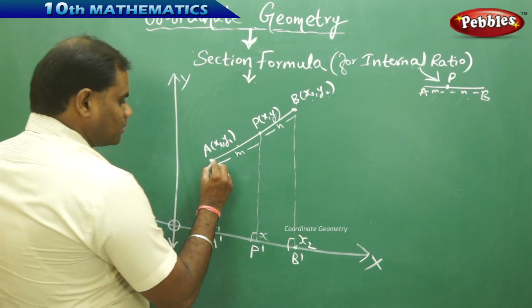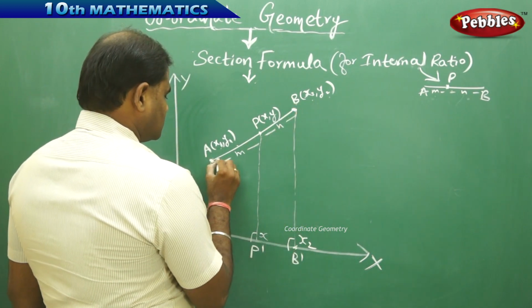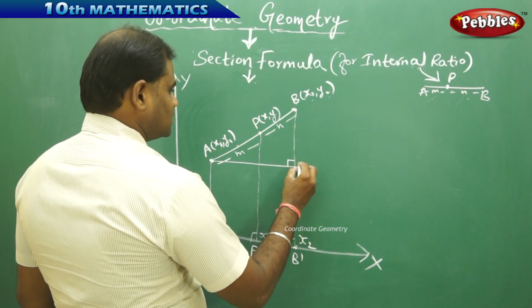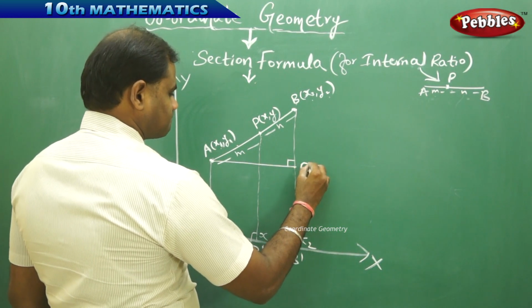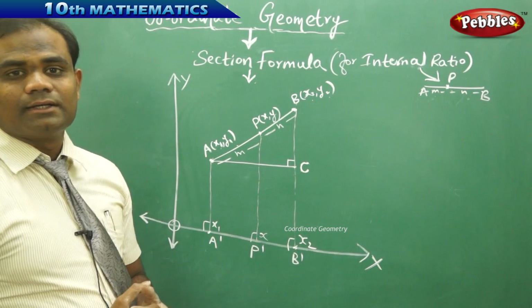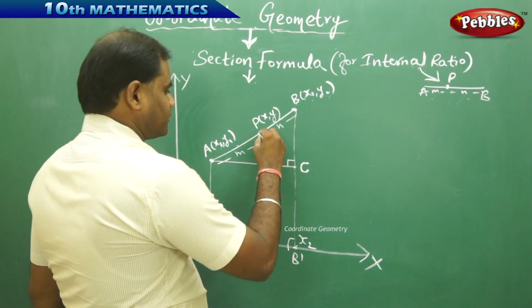Now let me drop a perpendicular from A to the line BB dash. So if I drop a perpendicular here, say this is some C, which is a perpendicular dropped on this line, then I'm going to use the concept of triangles.